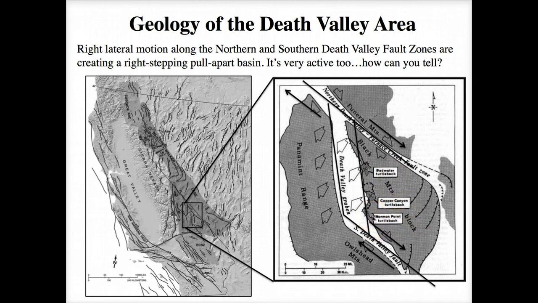These turtlebacks are metamorphic core complexes where old Precambrian rocks have been pulled out from underneath, and they're offset with Cenozoic igneous rocks. So in the rocks that we've talked about, that's like taking the bottom of the Grand Canyon and offsetting it with like the top of Zion. I mean, it's a pretty impressive offset.